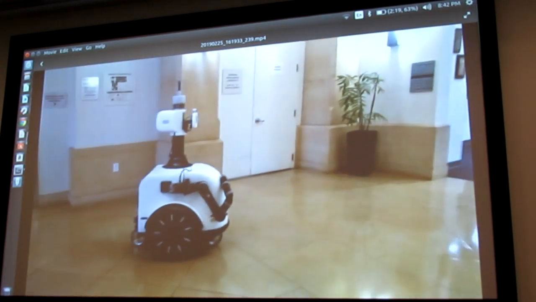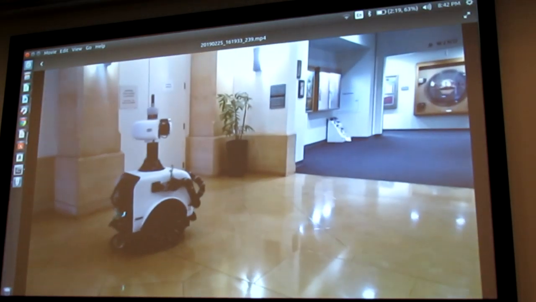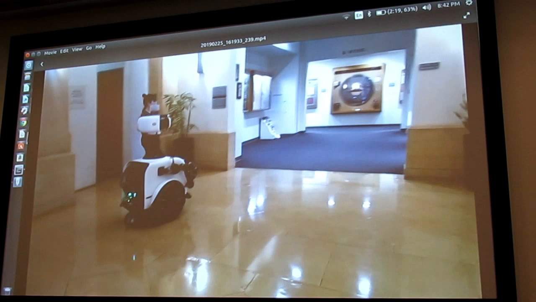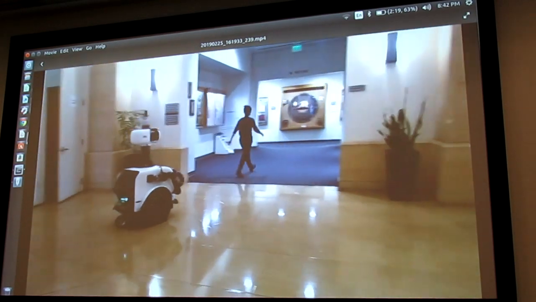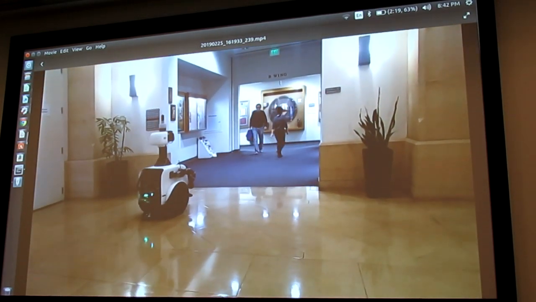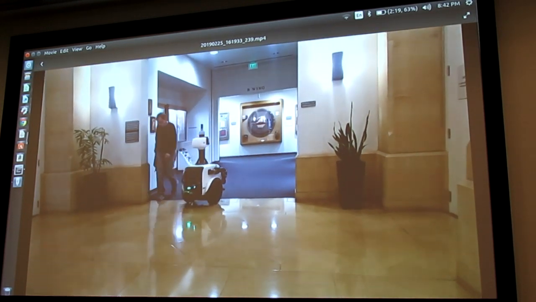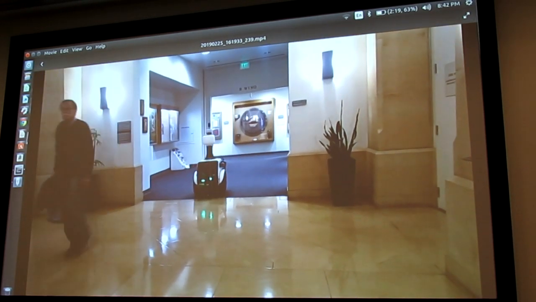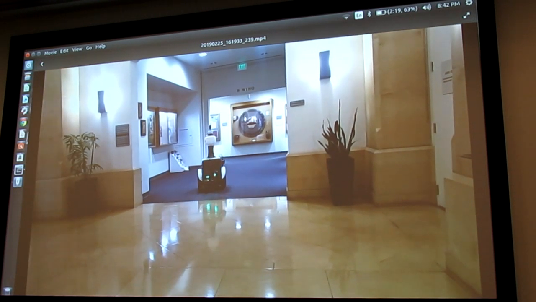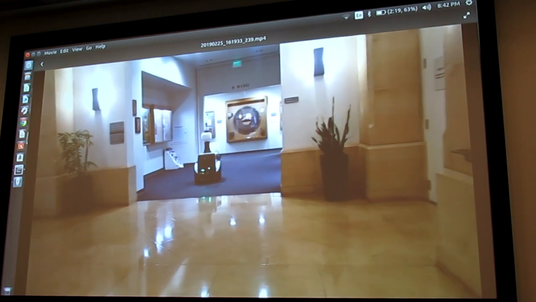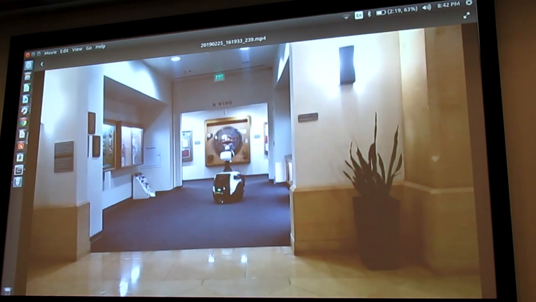No, we set it in Arvis go to goal. So even though there's a person there, the rule is it's trying to give itself the maximum space between.